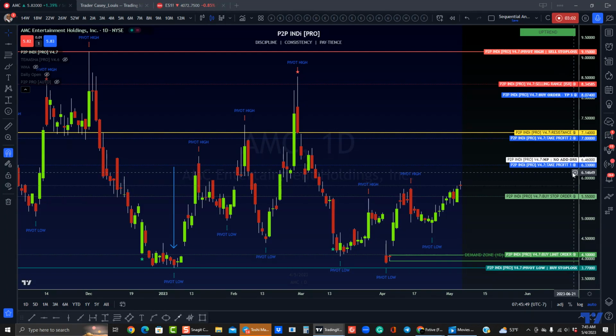As far as timing, I don't know when AMC is going to do anything to cause the market to spike or cause the sale of this thing to increase. But whenever it does that, there is an opportunity right under mid pivot to capitalize and take profit or shave at $6.33.